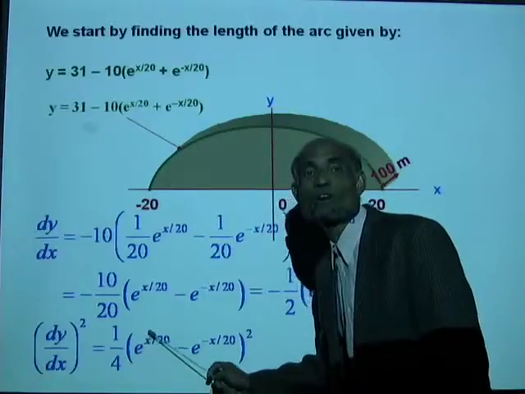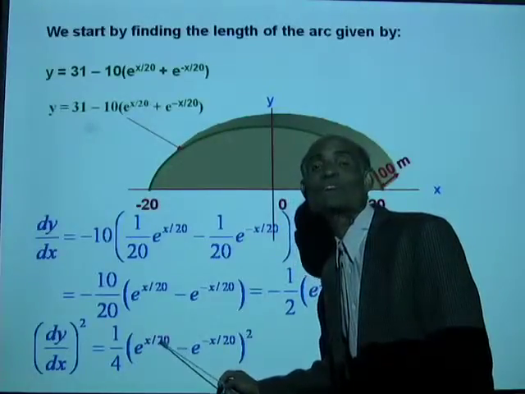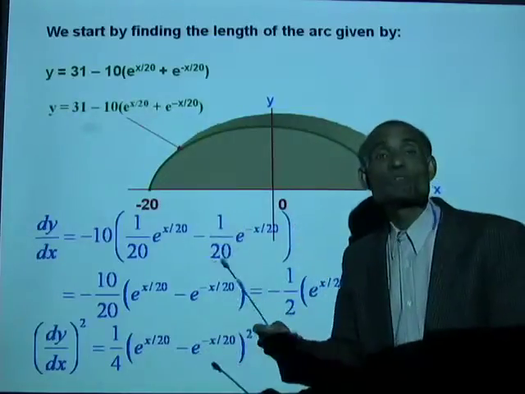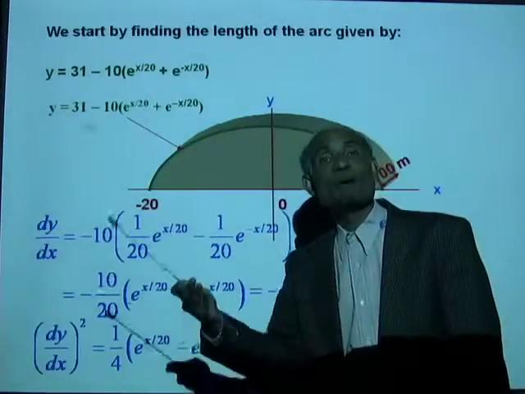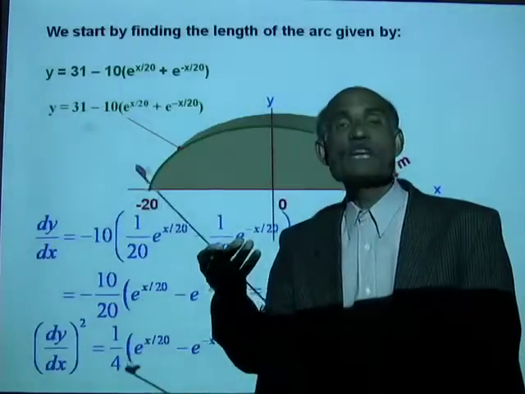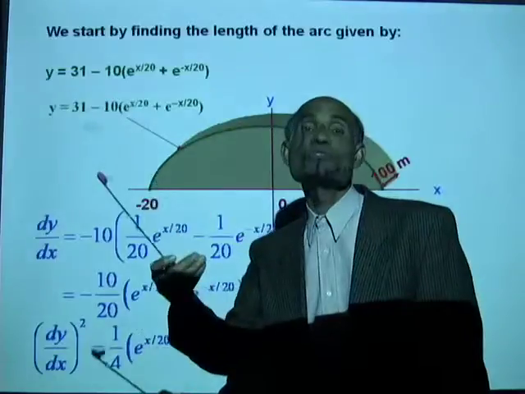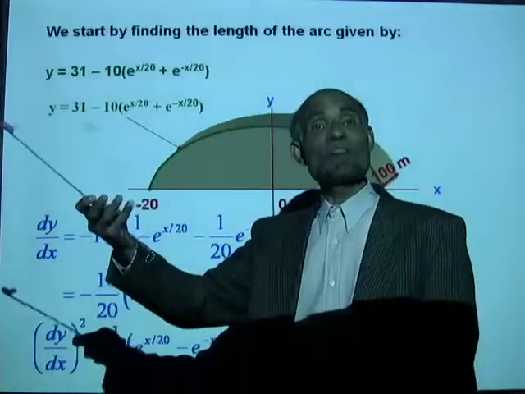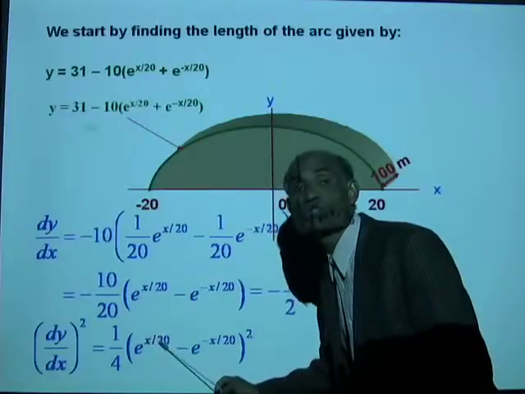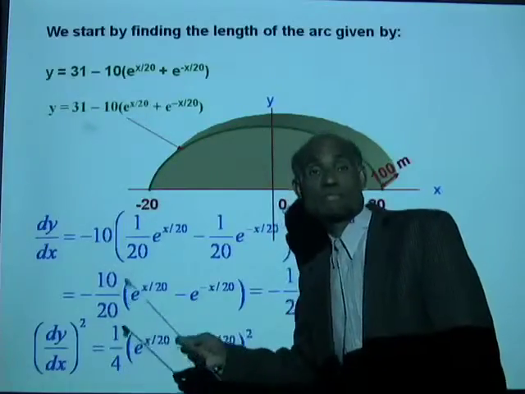So what is the square of e to the power of x over 20? The square of e to the power of x over 20 is e to the power of x over 10. So the square of e to the power of x over 20 is e to the power of x over 10.